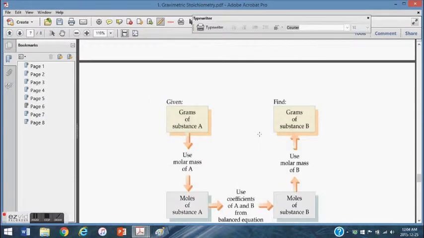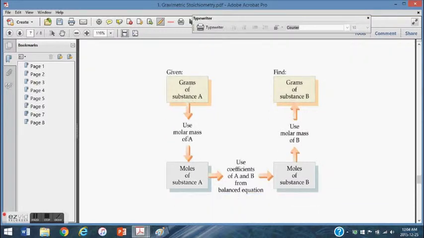This is kind of the process we use. If we're given grams of substance A, we use the molar mass of A to find the moles of A. We use the mole ratio, the coefficients of A and B, to find moles of substance B. We use the molar mass of substance B to find the grams of substance B. We're going to add to this little U-shaped thing over time.